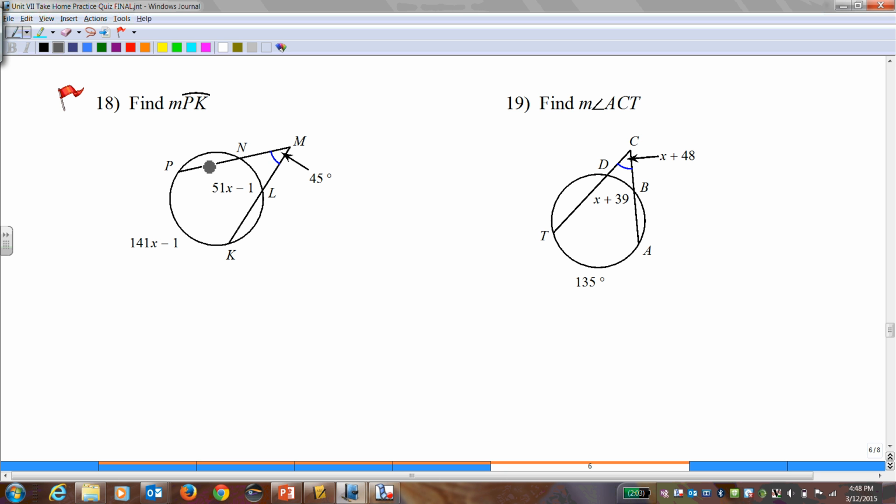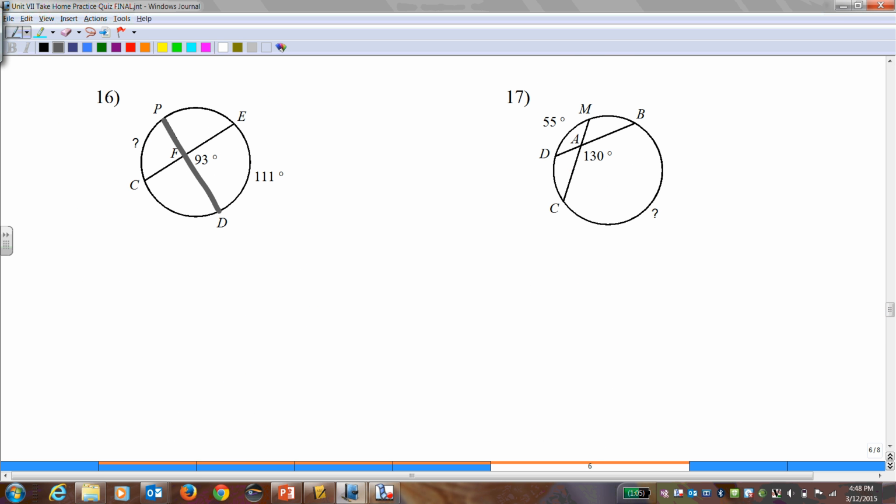So once again, the process to all of these is you trace it and you identify what kind of angle it is. And in this case, it is a secant. These ones up here, you trace them, and they are a chord.